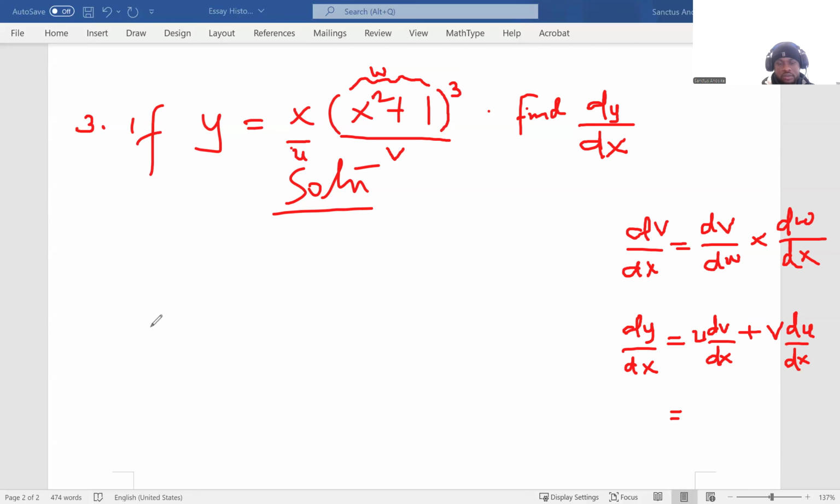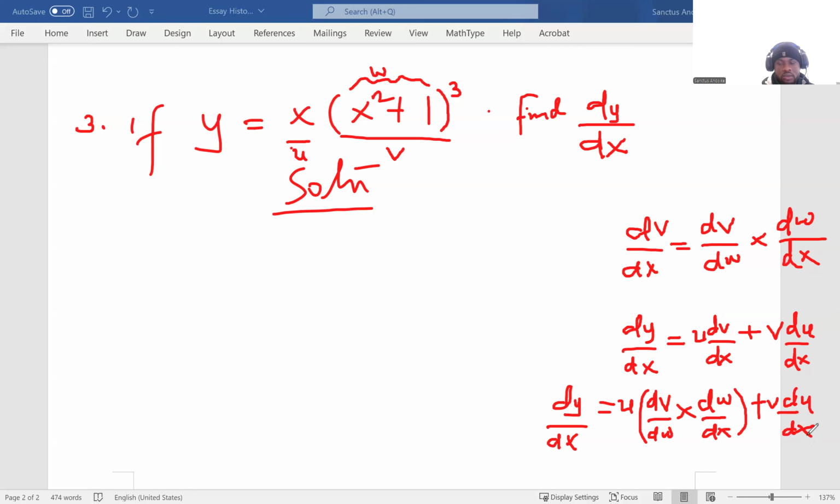So we're going to have that dy dx is equal to u bracket dv dw times dw dx, then plus v du dx.